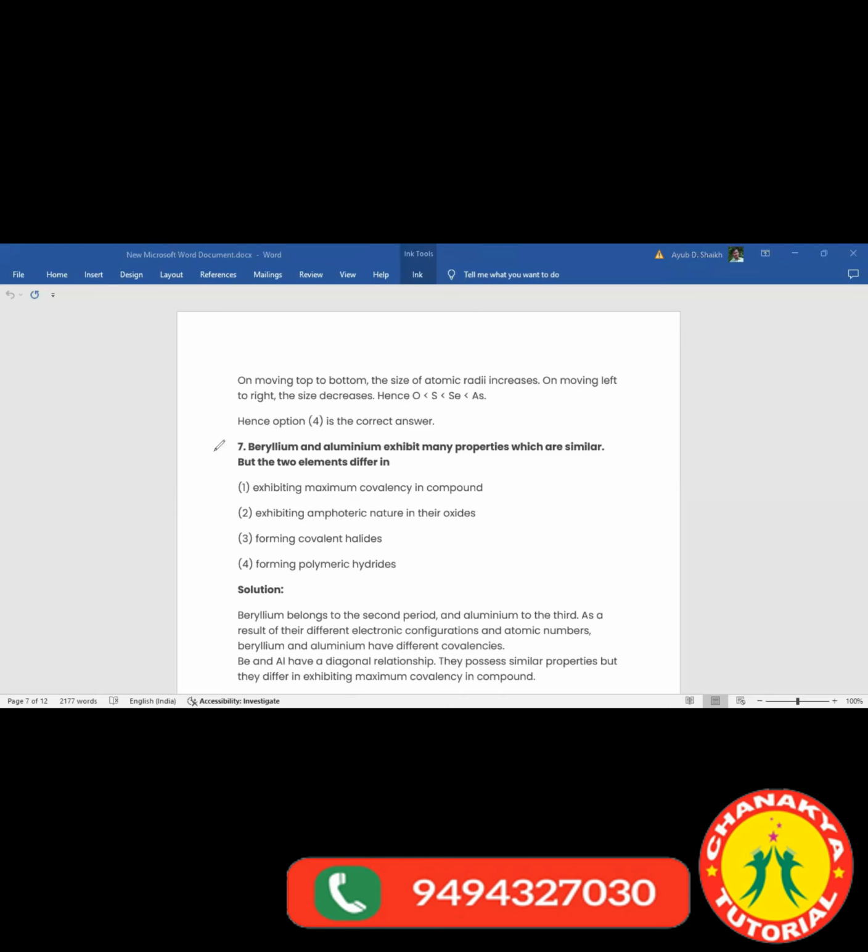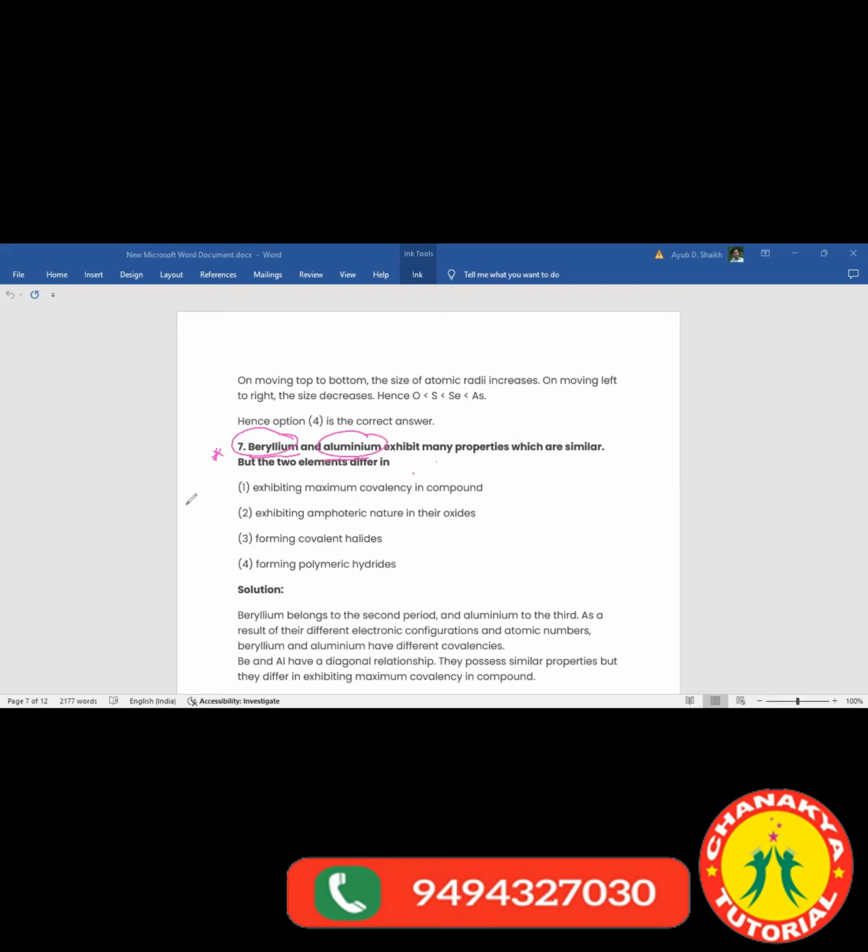See here. This problem I have already discussed with those students. Only you were left because of a network issue or maybe your emergency, as you said. So what is the problem? Beryllium and aluminium exhibit many similar properties, but the two elements differ in what?